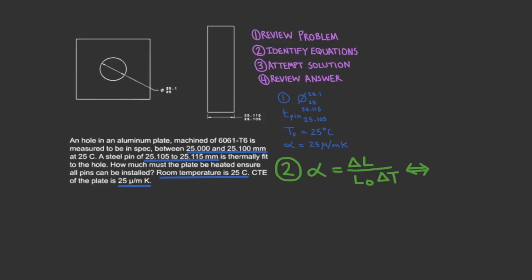Another way of writing this is the change in length is equal to the coefficient of thermal expansion times the change in temperature times the initial length. Or we can also write it as change in temperature equals the change in length divided by the initial length times the coefficient of thermal expansion. Now, this is the primary equation we're going to be using to solve today's problem.